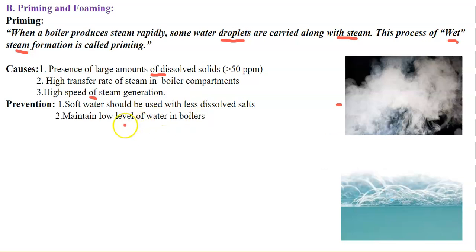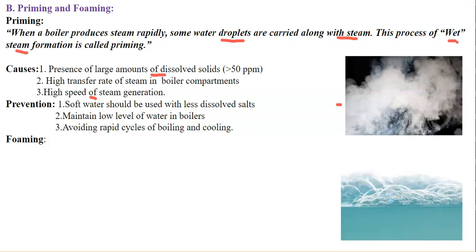Second, by maintaining a low level of water in the boiler, the formation of wet steam can be prevented. And third is avoiding rapid cycles of boiling and cooling. Taking some break between cycles can prevent priming.